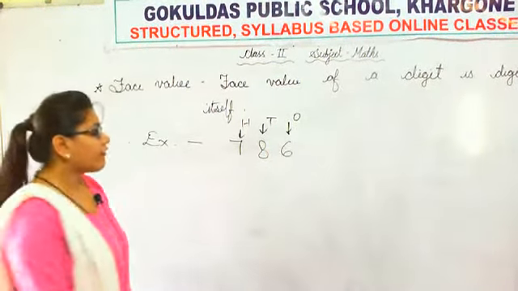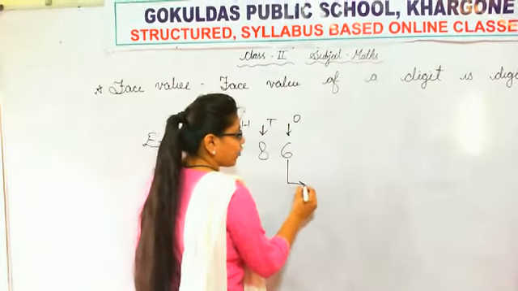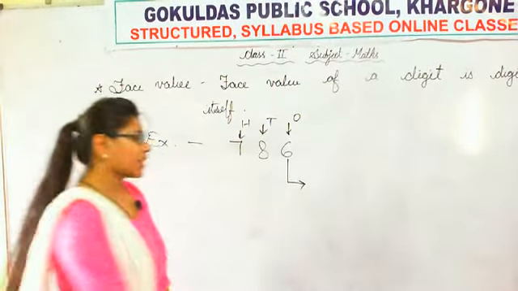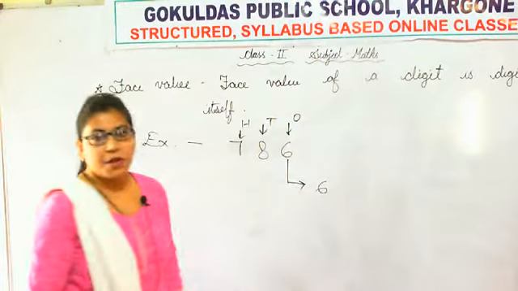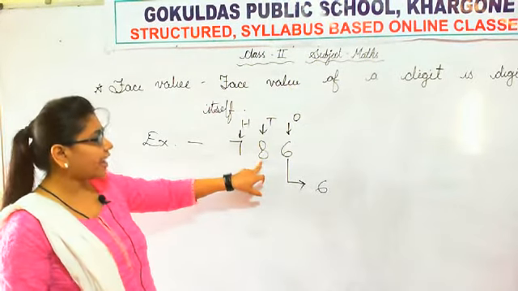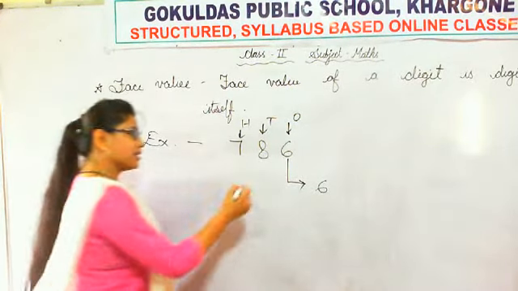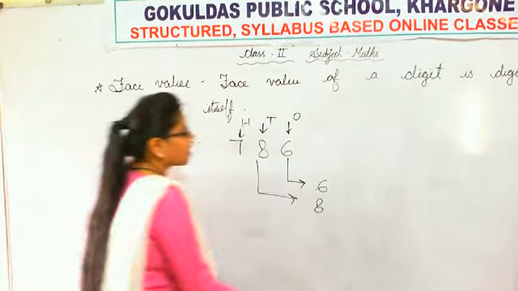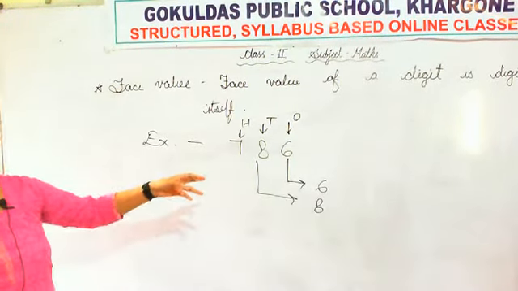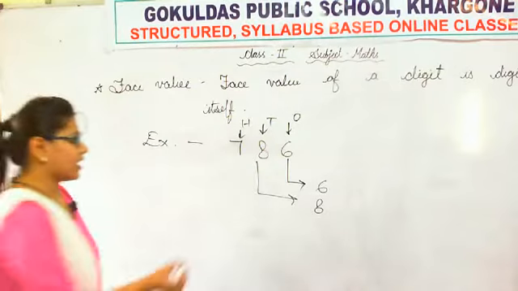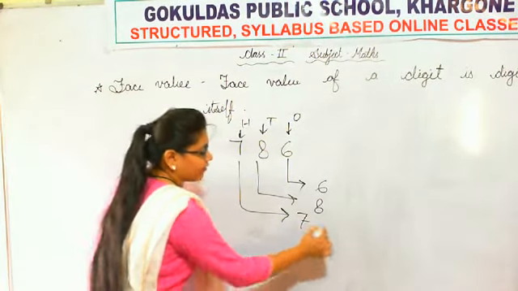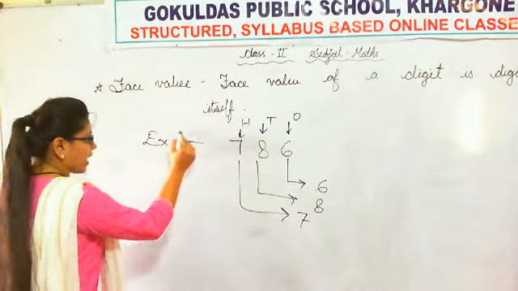So if I ask the face value of 6, it is 6 itself. The face value of the digit 8 in this number is 8 itself. The face value of 7 in the number 786 is 7 itself. Let us take another example.